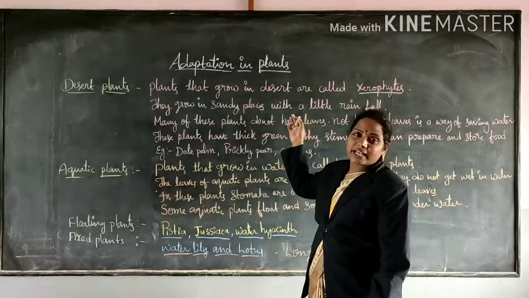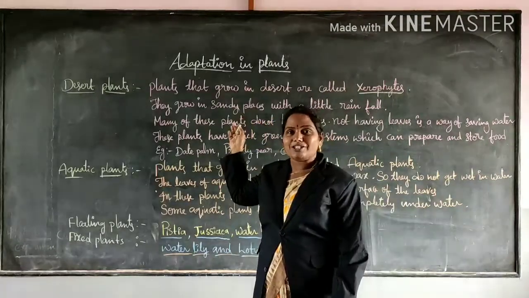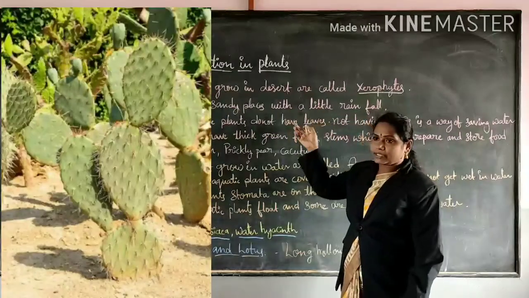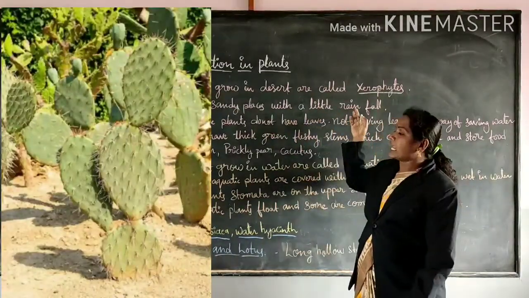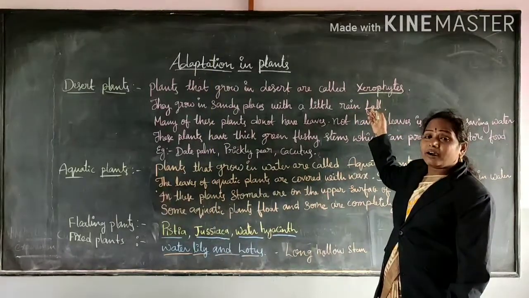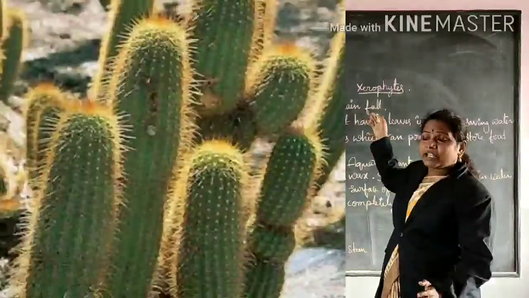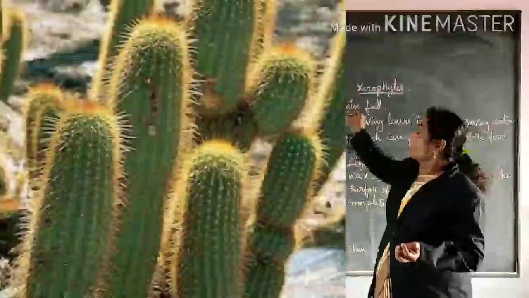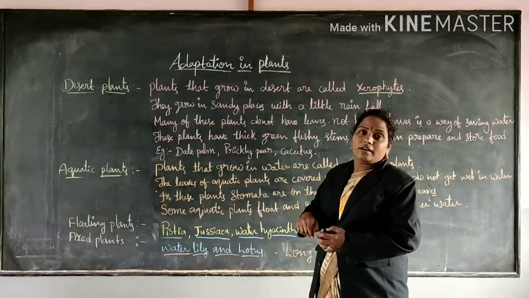You know that in desert areas much more sand is there, so we can say they grow in sandy places. They grow with a lack of water. They get little rainfall.